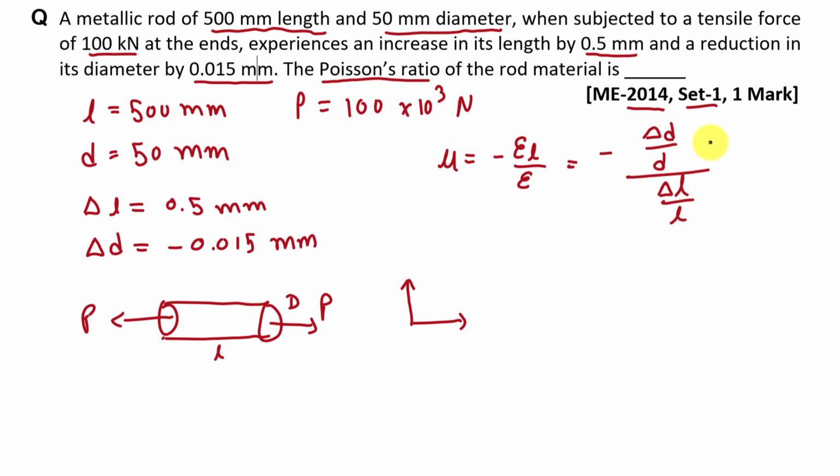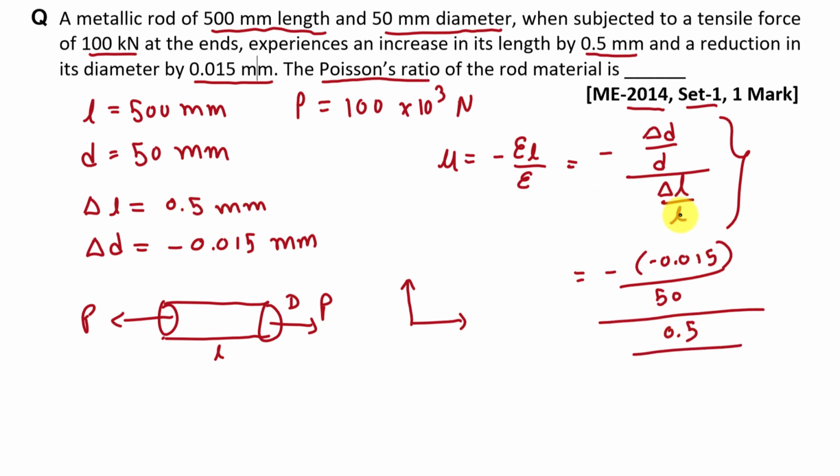Now in this expression we have all the values. Now we will put all these values in this expression. So it will be minus delta D, that is minus 0.015 divided by initial diameter is 50 mm divided by delta L is 0.5 divided by initial length is 500 mm.